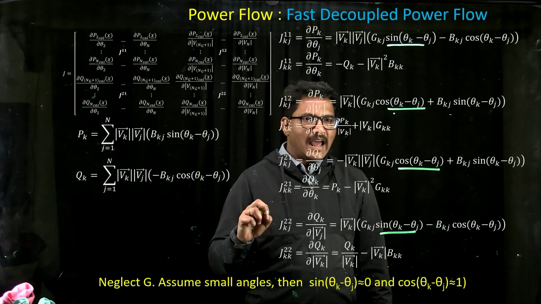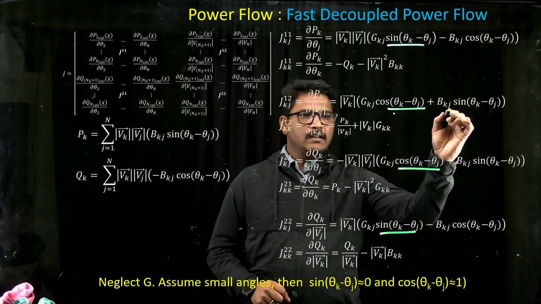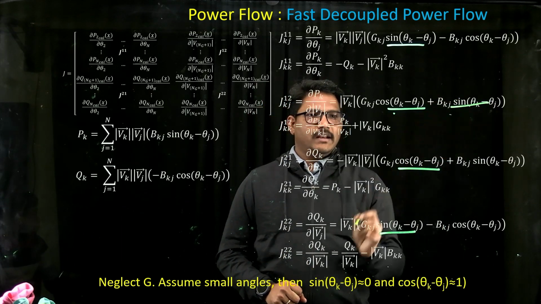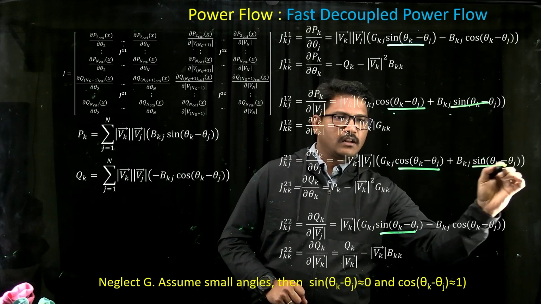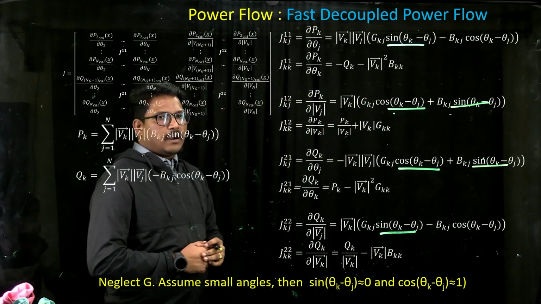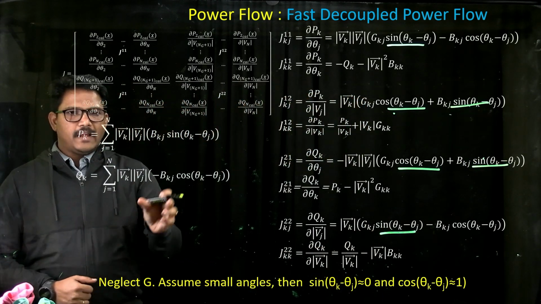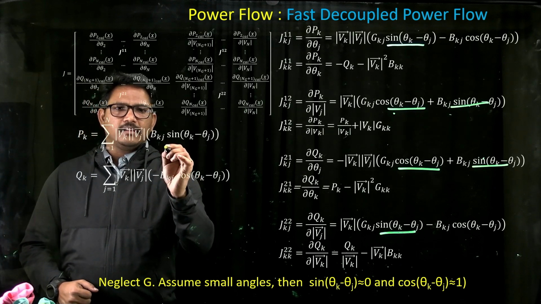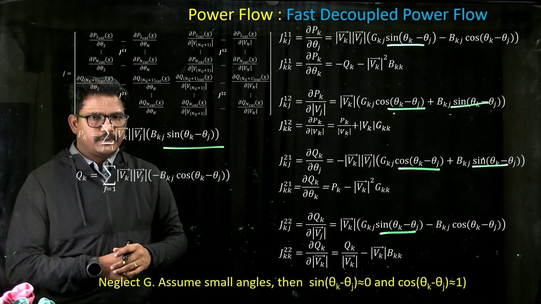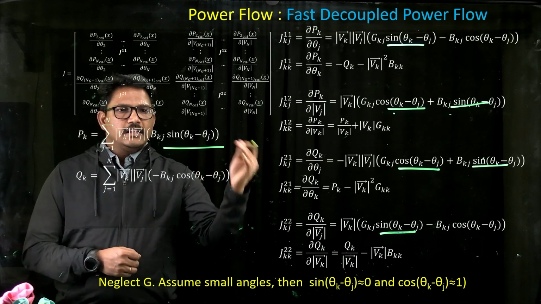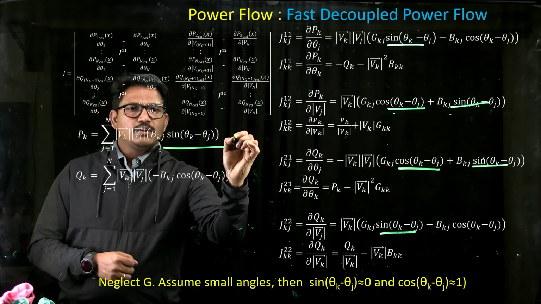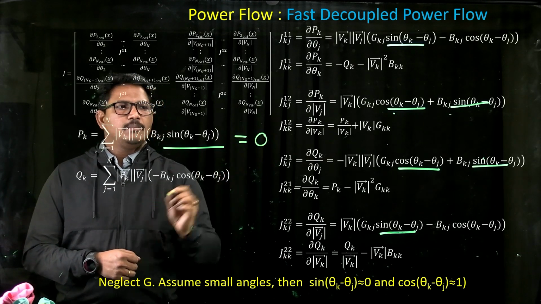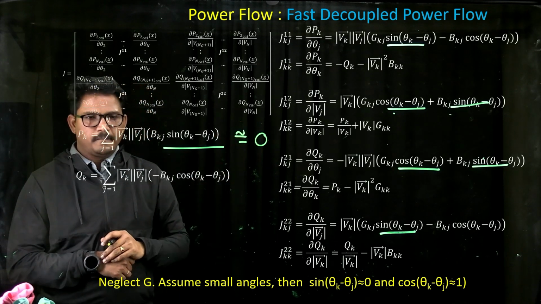When you consider that the angles are smaller, you can see that this particular value will be neglected, and again, even this particular value will be neglected. Apart from that, we also see that this PK, the real power injection, can also be neglected, which means that in this assumption case, your value of PK will be approximately equal to 0.